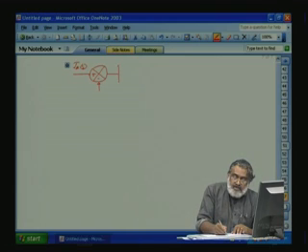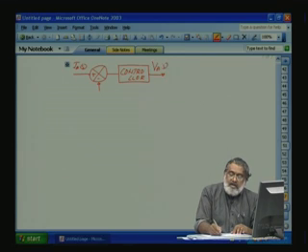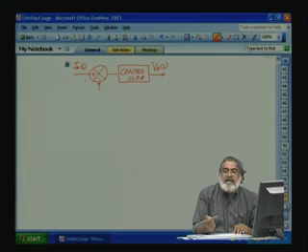So here also we require a controller, so that if the current exceeds the rated current, this controller should act and bring back our armature voltage. So this armature voltage depends on the current reference.